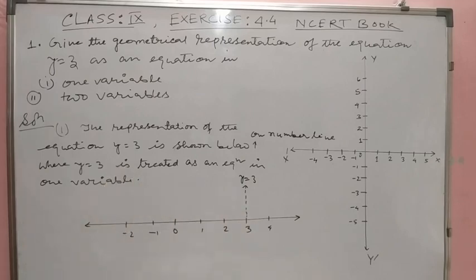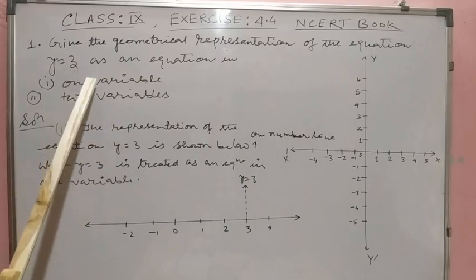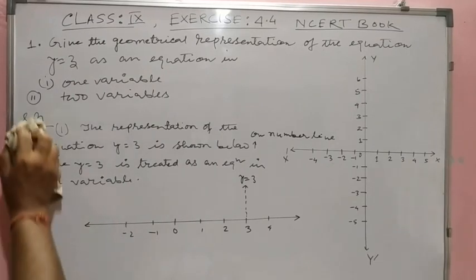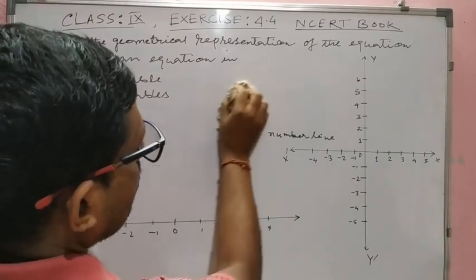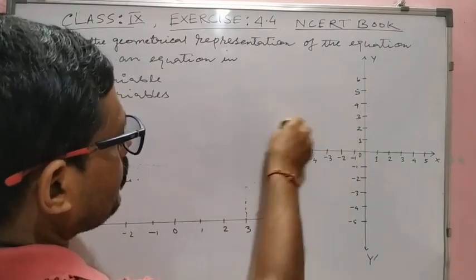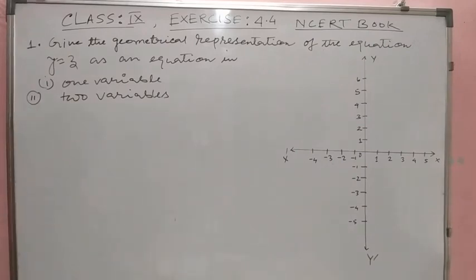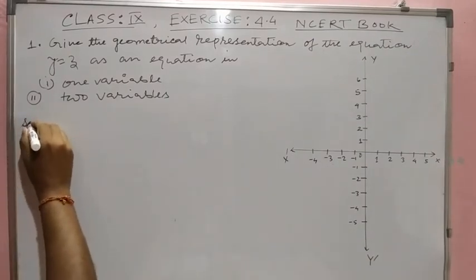Now let us represent this equation y equal to 3 as an equation in two variable in Cartesian plane. Now let us see. Solution number 2.